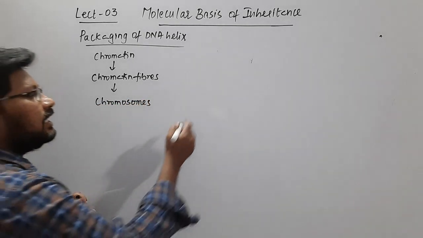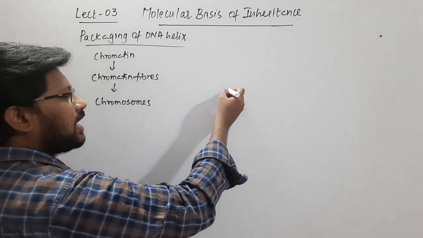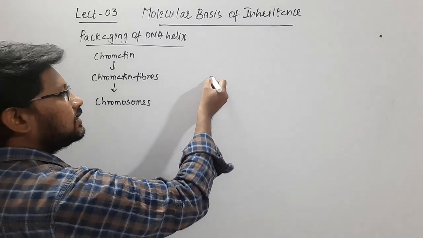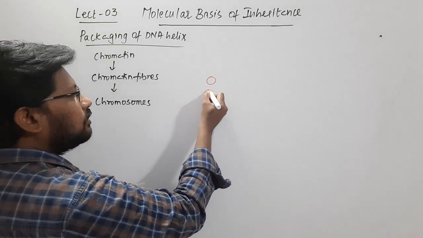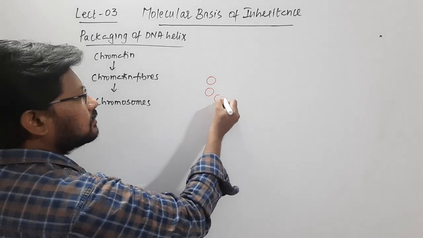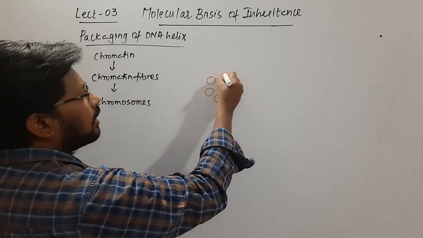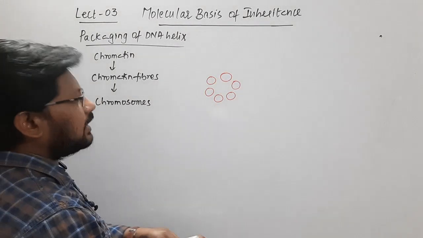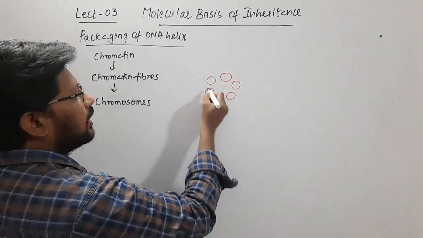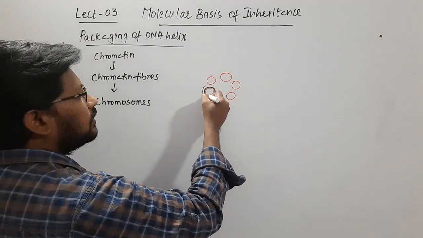Here they will be coiling in a spiral fashion. So here there is a nucleosome. This is one. You see six histones here, and you can see the DNA coiling around it.